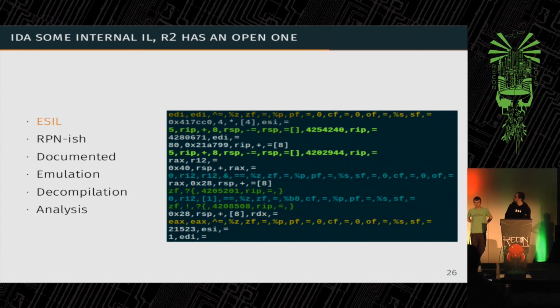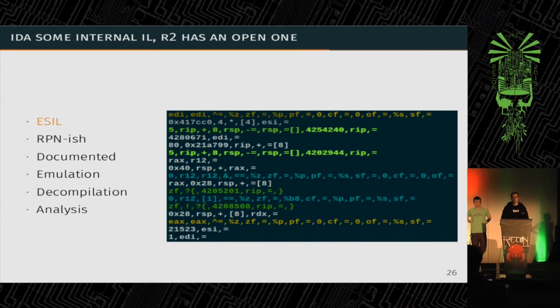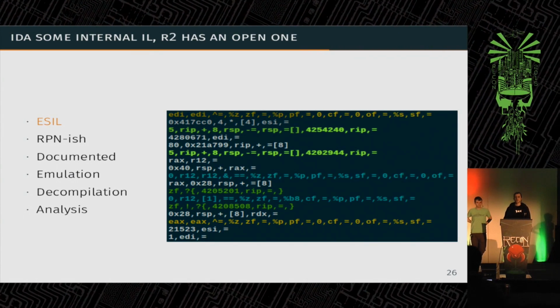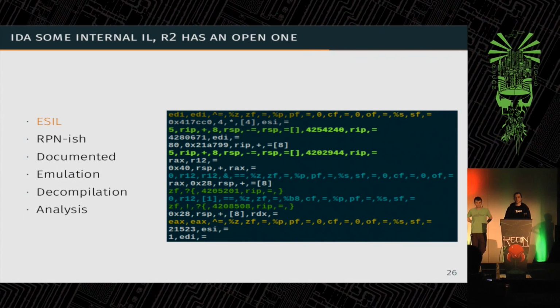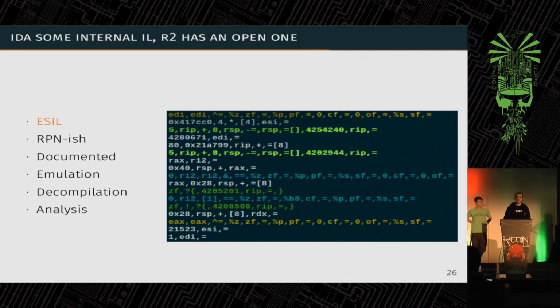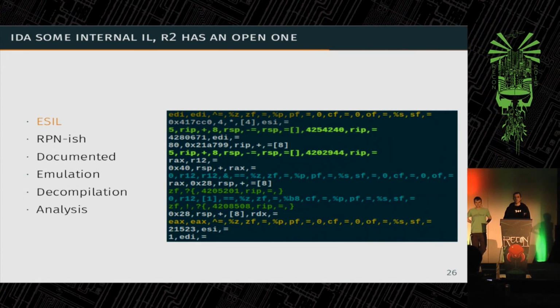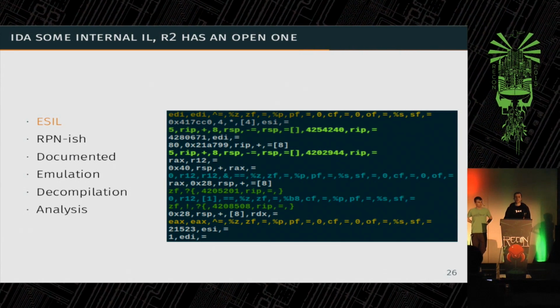This is some excerpt of ESIL, and it's currently used for emulation. We've got some kind of emulation working that is pretty useful for CTF or to pwn some keygen or crackme. And it's currently used also for decompilation and maybe later for analysis. We've got 2 Google Summer of Code students, thanks to the Open World project, that are currently working on decompilation, and we'll talk more about this later.